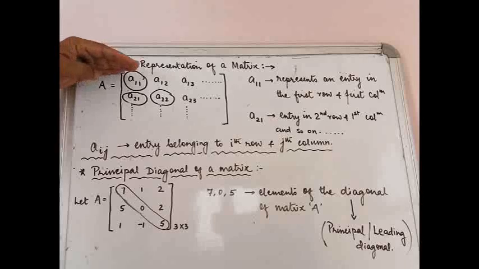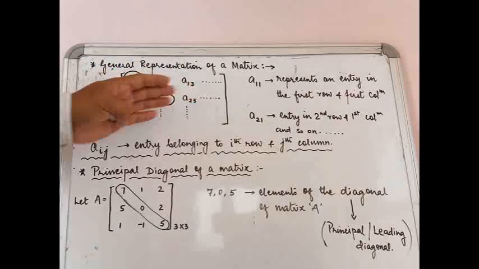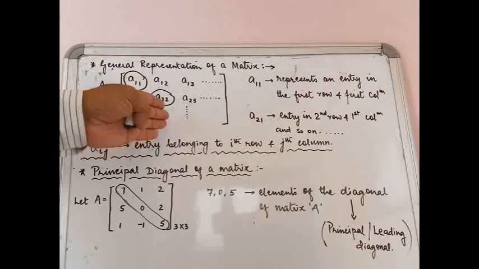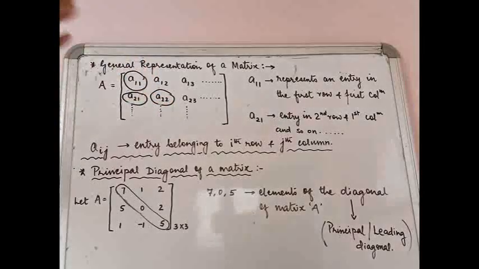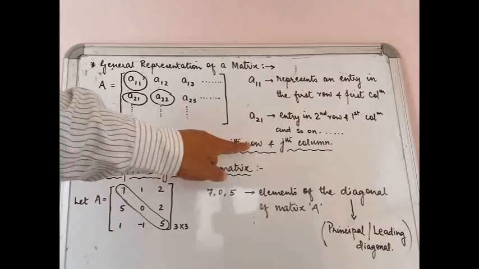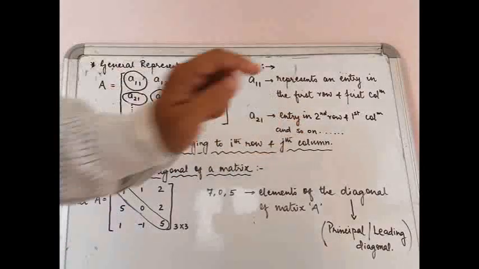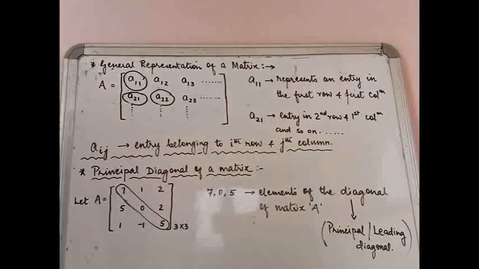Why second row? This is the first row, this is the second row, and then first column, second column. So this entry is present in the second row and in the second column. Generally, the individual elements can be represented like this: A, small i, small j, where i is the row and j denotes the column. So that will be the general understanding.